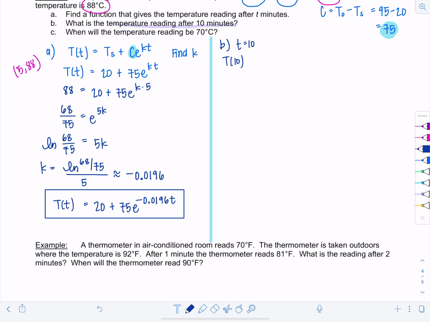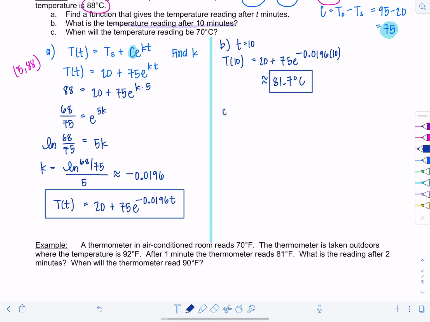So capital T of 10 equals 20 plus 75 times e to the negative 0.0196 times 10. And you should get approximately 81.7 degrees Celsius. As far as rounding, just check with your instructor what they want. Check with whatever the back of the book gives. Okay, I'll be specific on an exam how many decimal places I want.